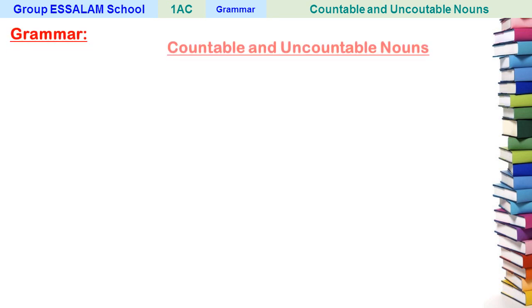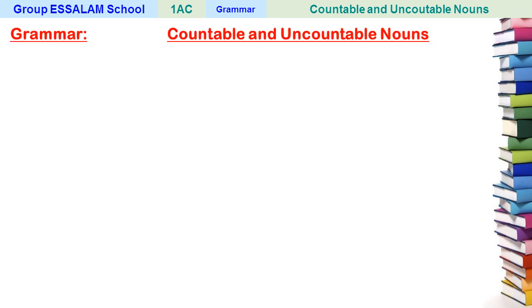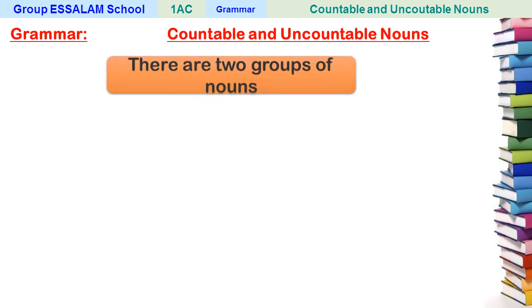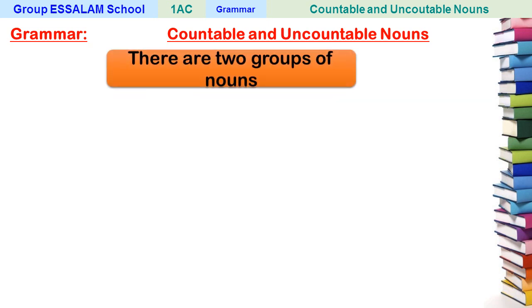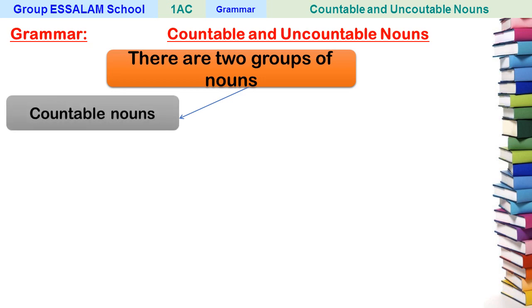So last session we studied countable and uncountable nouns. And we learned that there are two groups of nouns. Yes or no? So the first group is countable nouns. What do we mean by countable nouns?